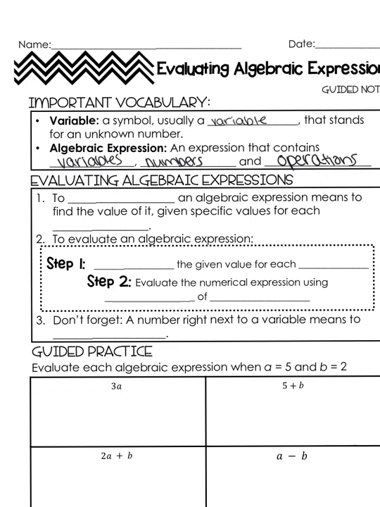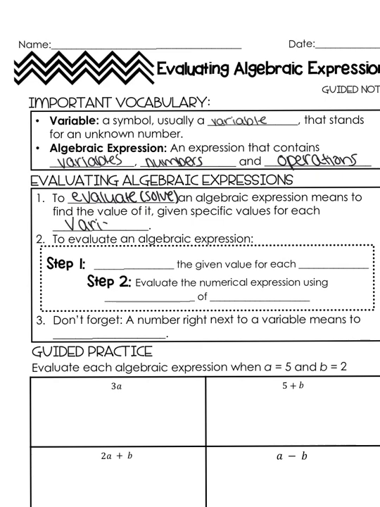But when we're actually evaluating those, in order to be able to evaluate or solve an algebraic expression, it means you have to find the value of it given a specific value for each variable. So you have to be told what the variable equals.